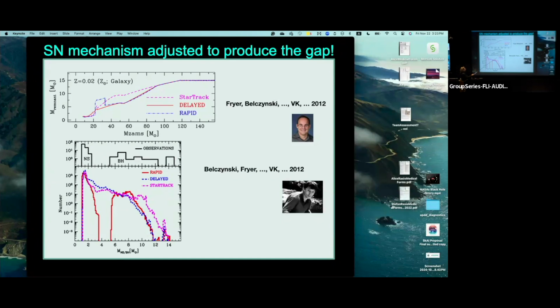If you impose the conditions for the rapid supernova explosion mechanism, you get a very nice gap in the black hole mass distribution between about 3 and 5-ish solar masses, the red curve. If you use the delayed, you get no gap. You get a smooth distribution. That's it.